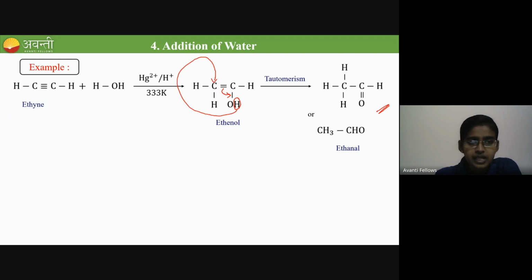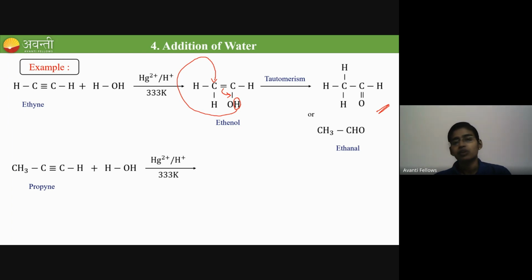I'll take propyne. If I want to add water to propyne, what do I have to do? For propyne we have to follow Markovnikov addition, right? Because propyne is unsymmetrical. So break the bond into H plus and OH minus. H has to go to the carbon which has more hydrogens.